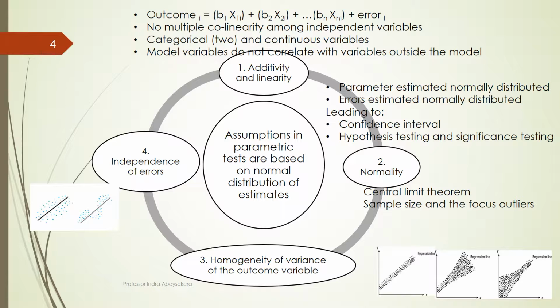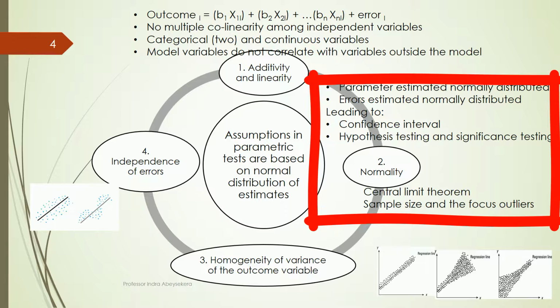The second aspect is the normality. What we mean here by normality is the parameters estimated using independent variables.